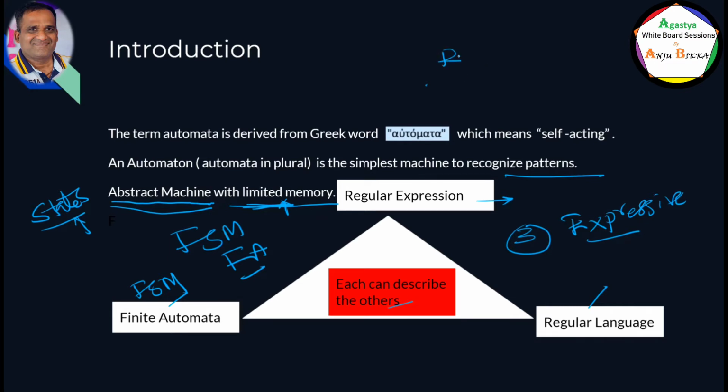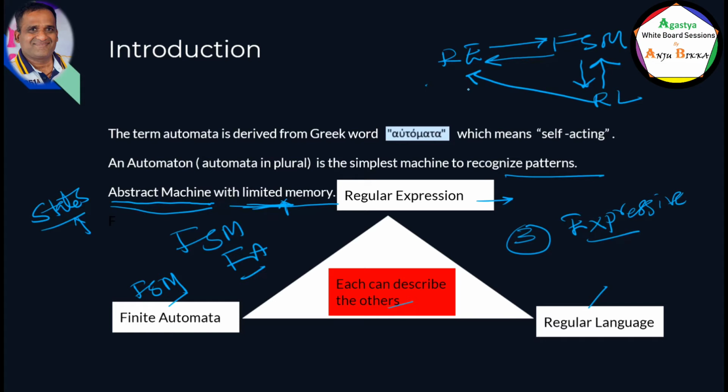Same expressive power, what does it mean? If you have a regular expression, then we can convert that into a finite state machine. If you have a finite state machine, you can convert it into a regular expression. In the same way, if you have a regular language, then you have a corresponding FSM. If you have an FSM, you have a corresponding regular language.